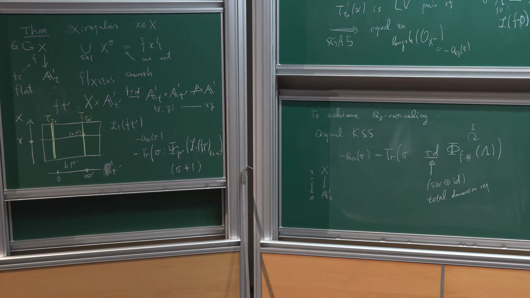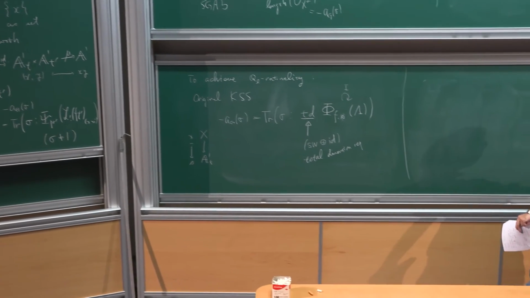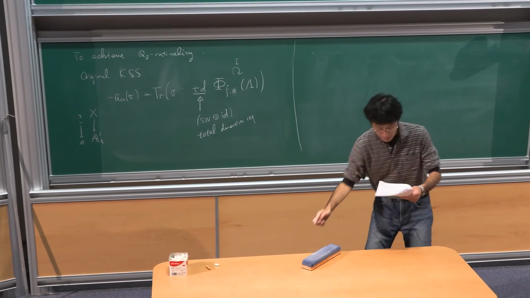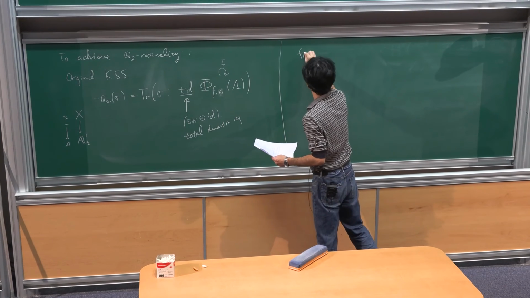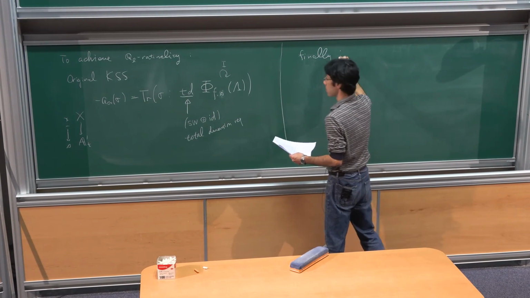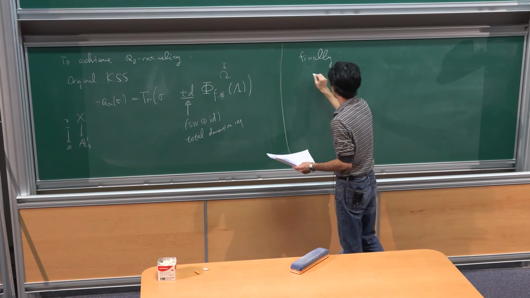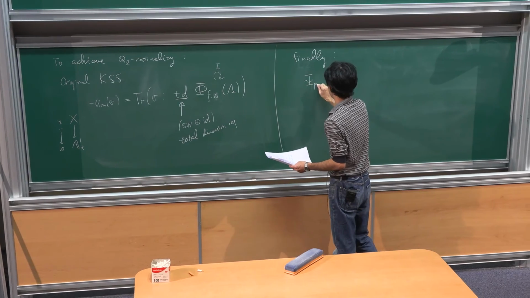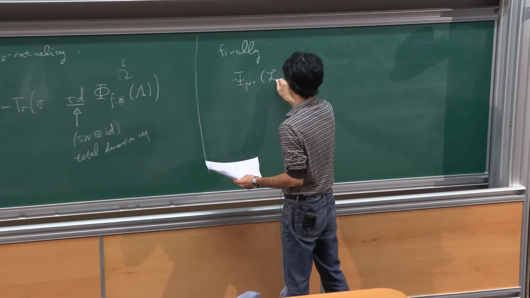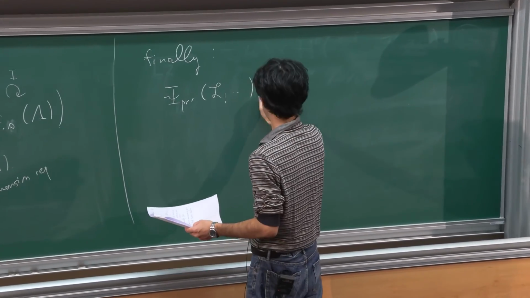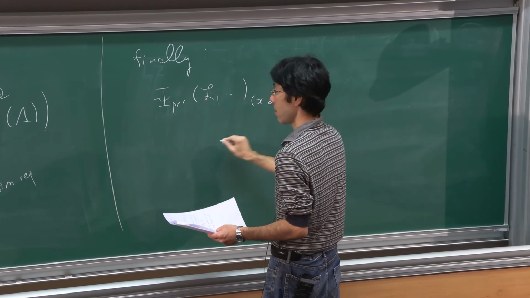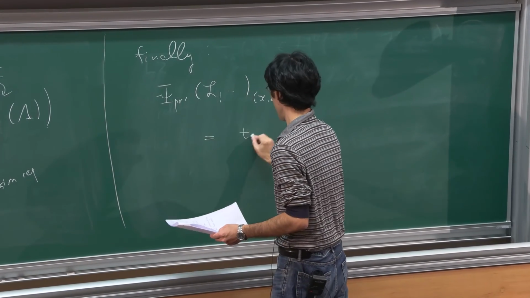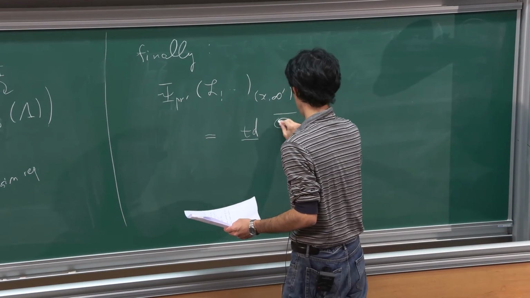Okay. So the final thing I have to do is to show that this PR prime of L of x infinity prime is equal to the representation.